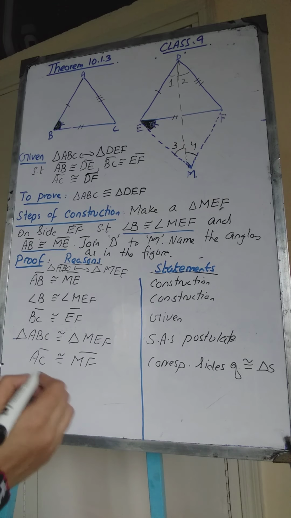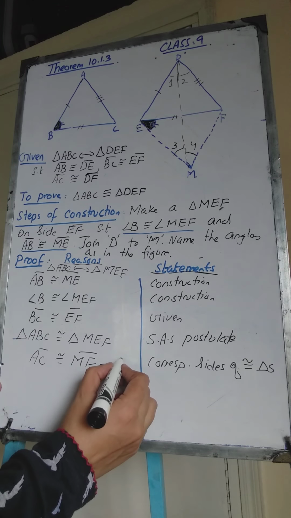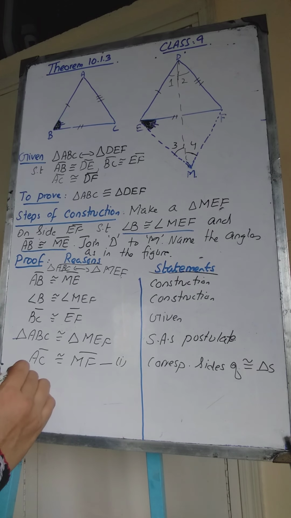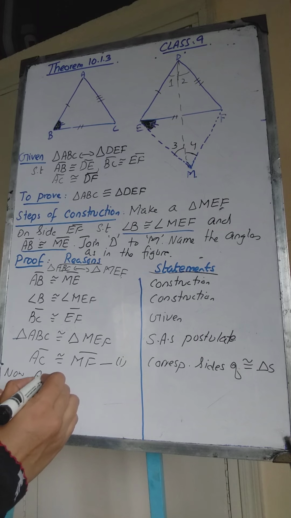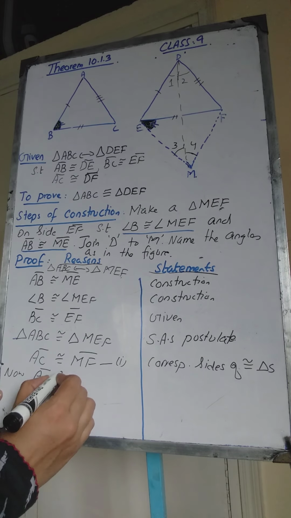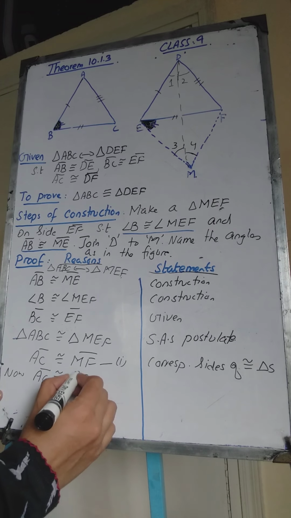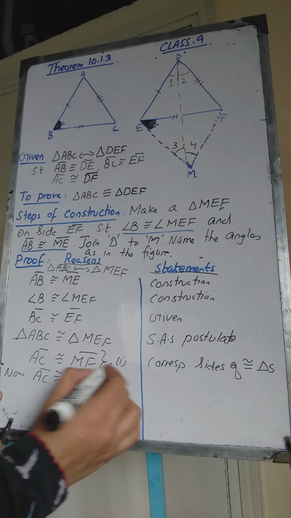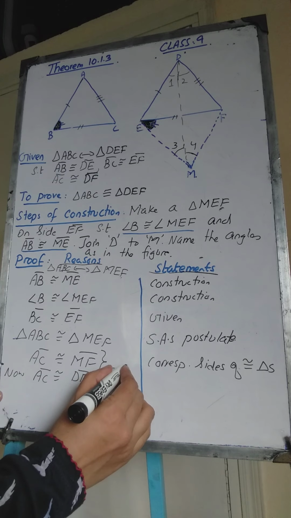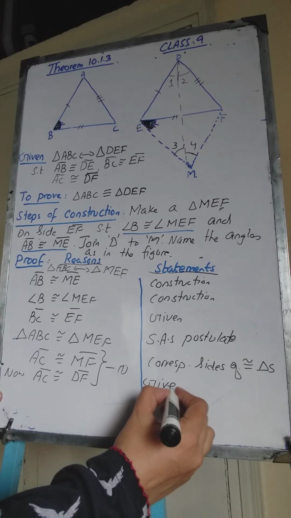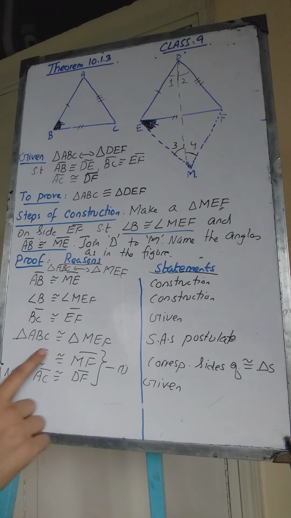Now mark it as equation 1 because we are going to be using it. Now we know that AC was congruent to DF, we were given this. Mark both these equations as 1. AC is congruent to MF, this is what we proved through SAS postulate.